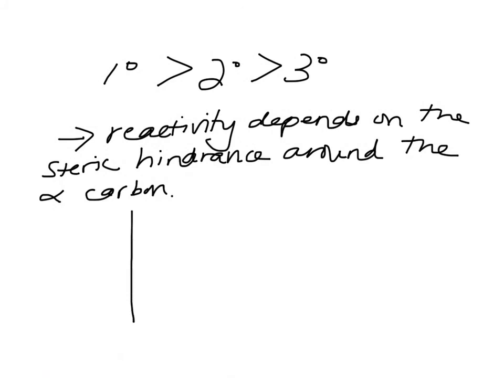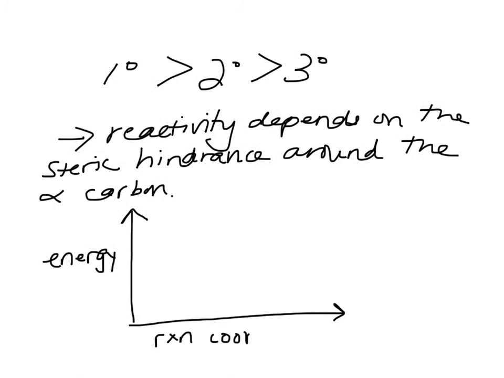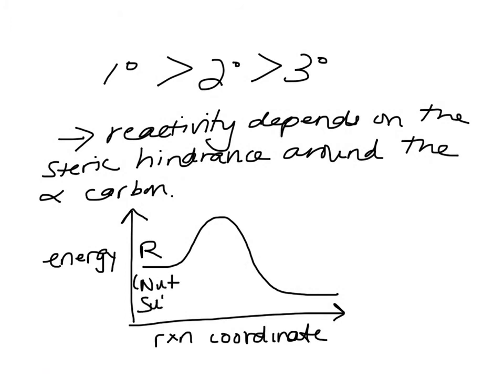If we were to take an SN2 reaction and just draw an energy diagram, here you have the reactants, which is the nucleophile plus the substrate. Here we have our transition state, which is bimolecular.